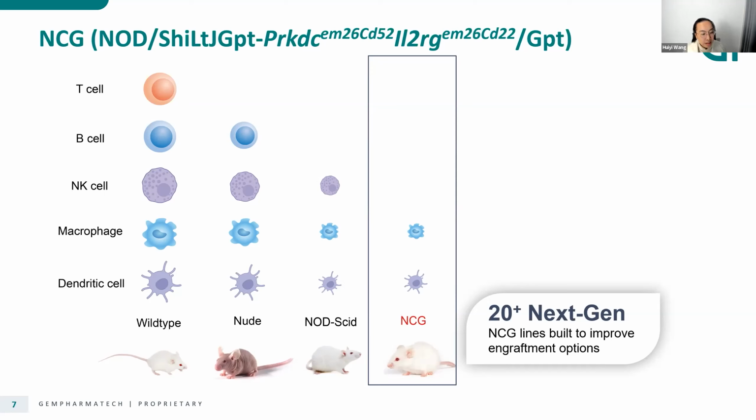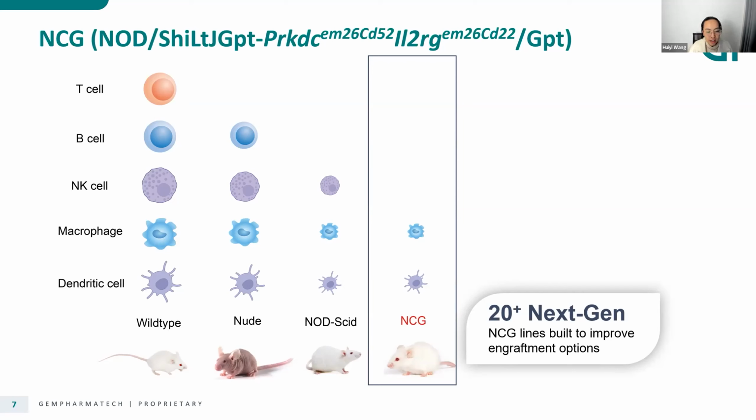And the NOD-SCID mouse, where SCID means severe combined immune deficiency, is one where we deleted the PRKDC gene on the NOD background. This mouse is absent of T cells and B cells, but has NK cells and deficient macrophages and dendritic cells.